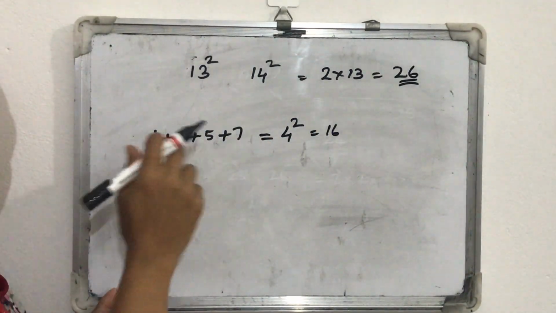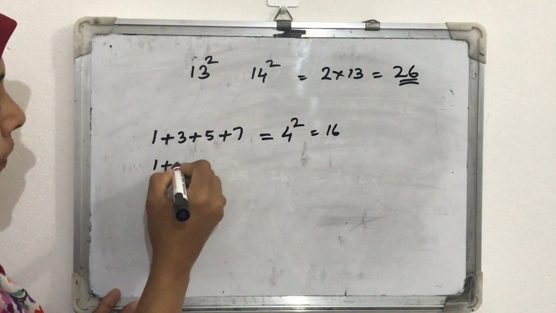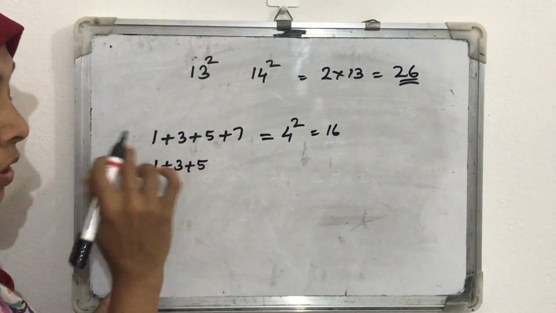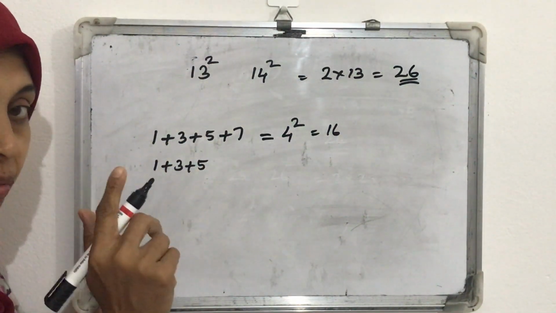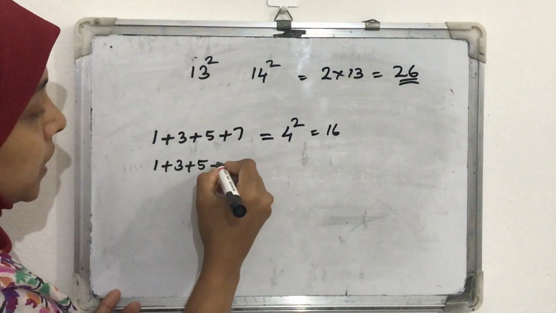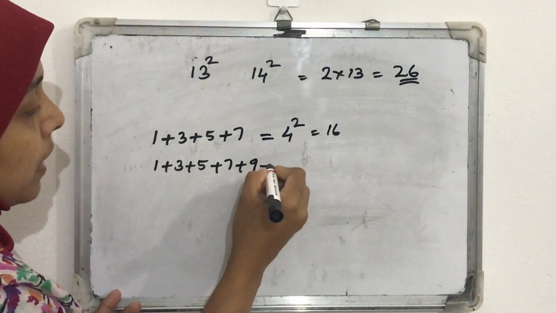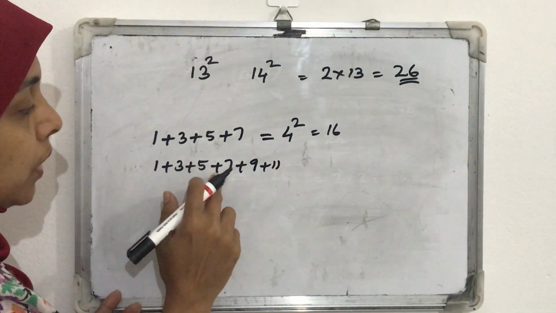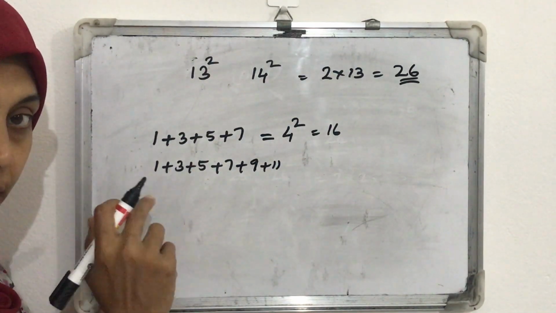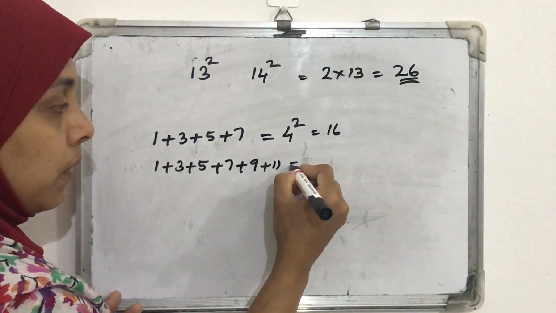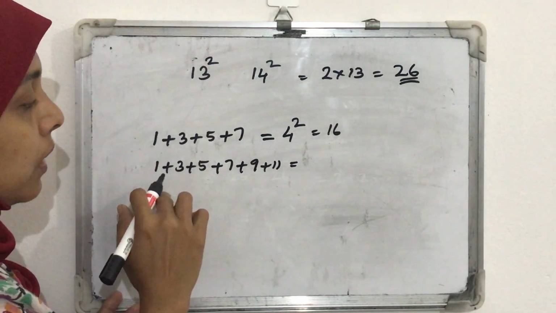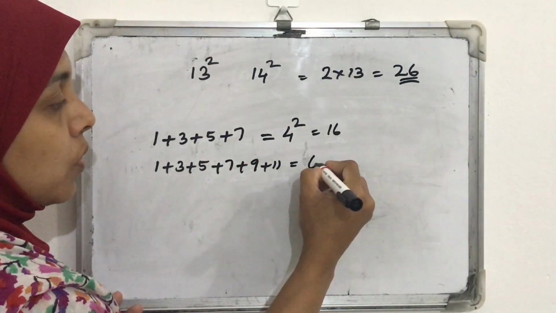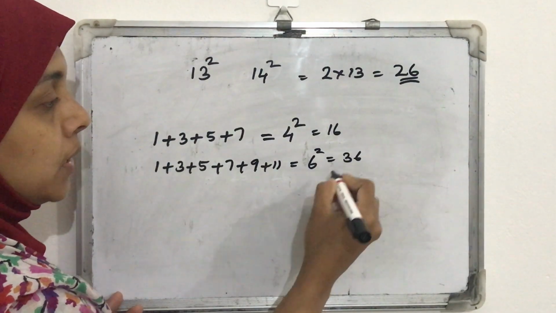Okay. Just like if you are adding 6 odd numbers, first consecutive starting from 1, that is must. Okay. 1 plus 3 plus 5 plus 7 plus 9 plus 11. 1, 2, 3, 4, 5, 6. 6 consecutive odd numbers starting from 1, then what will be its sum? 6 square. So that's equal to 36.